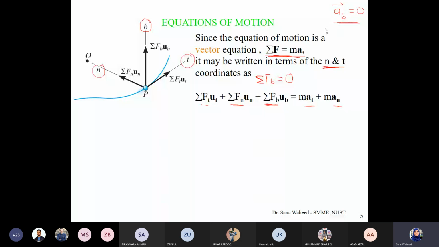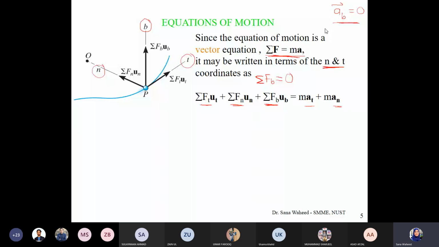Let's say even the case of a rocket, sometimes it's going straight up, but sometimes they're actually going in some sort of a curvilinear motion, right? Or if there is any 3D curvilinear motion, then what do we do?